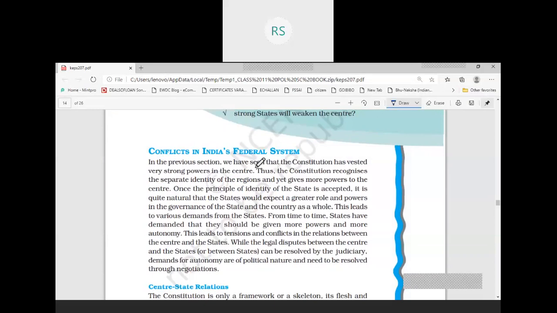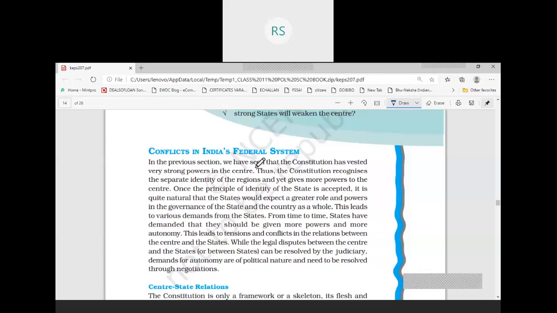So what they find is that they are given a separate identity, but they are not having power in accordance with that separate identity. The center has been given more power than the state. So it is natural to have conflict.